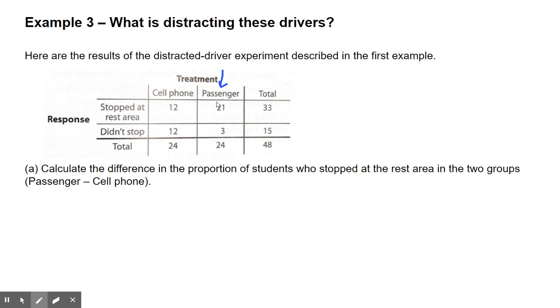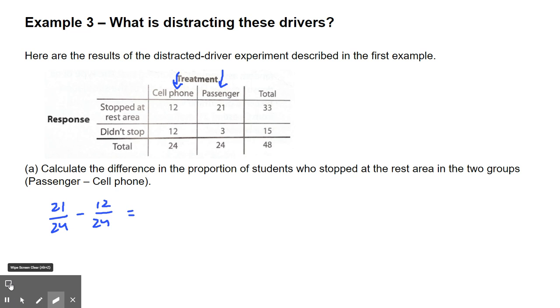Here's the passenger group. 21 stopped out of 24. So 21 out of 24 minus, and in the cell phone group, 12 stopped out of 24. 12 out of 24. And we want to subtract those in Desmos geometry to get a proportion who stopped, or the difference in the proportion. So 21 over 24 minus 12 over 24.